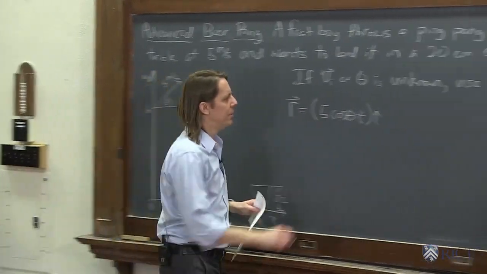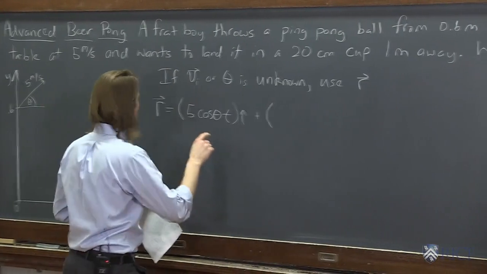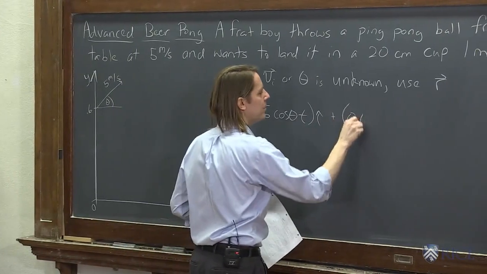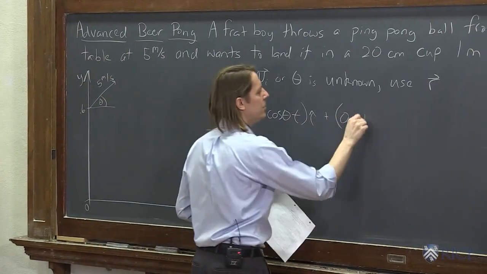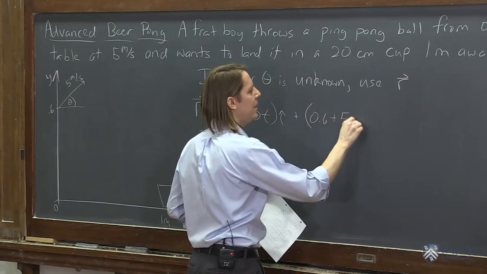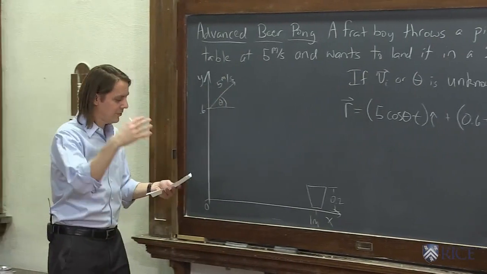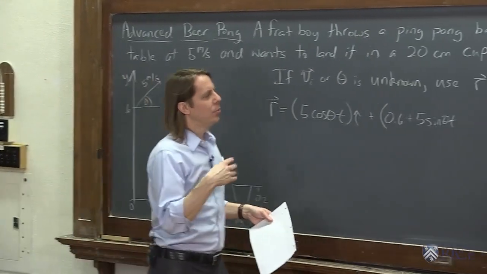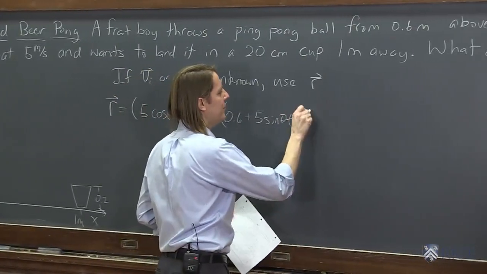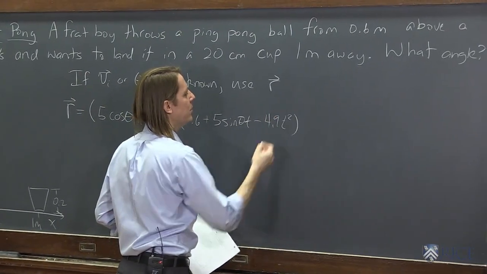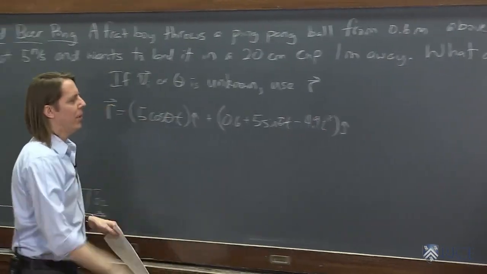And the y component did start at 0.6. It has an initial velocity 5 sine theta t. And of course in the y, it's accelerating down minus 1/2 gt squared, or minus 4.9 t squared. That's 1/2 of gravity, 4.9.